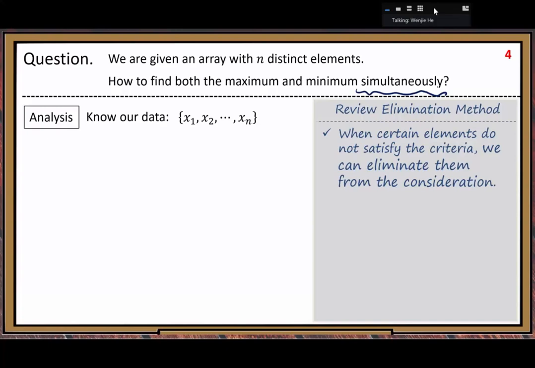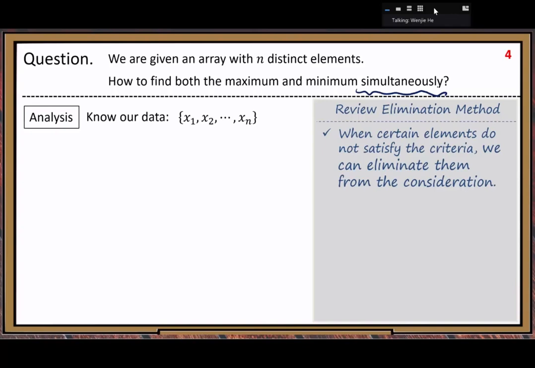Although it looks trivial, right? Why so important? Actually, you will see many problem solvers. We treat ourselves as problem solvers. Many problem solvers forget to remove those irrelevant elements, because after some comparisons, they are irrelevant. They have no chance to be the final solution.